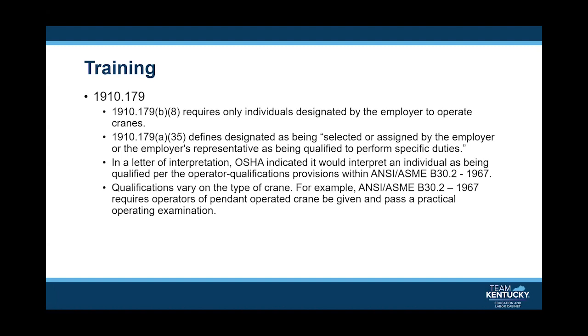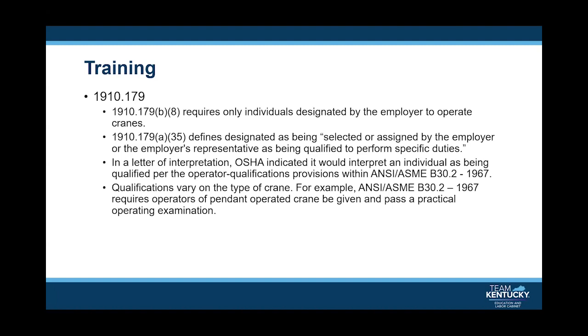In a letter of interpretation for 1910.179(a)(35), OSHA indicated that it would interpret an individual as being qualified per the operator qualification provisions within ANSI ASME B30.2-1967 that is incorporated by reference.